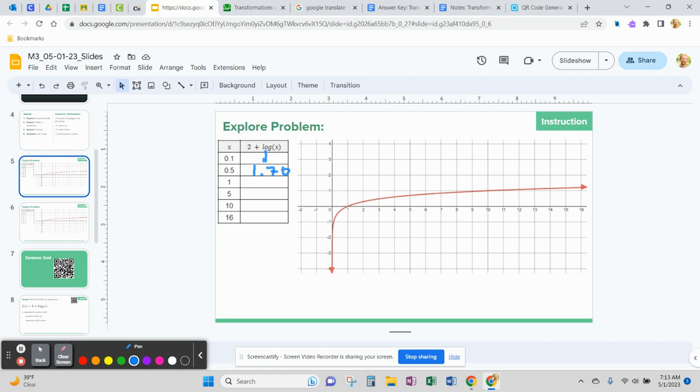We'll keep going. 2 plus log of 1 gives us 2. 2 plus log of 5 gives us 2.70. 2 plus log of 10 gives us 3. And 2 plus log of 16 will give us 3.20.